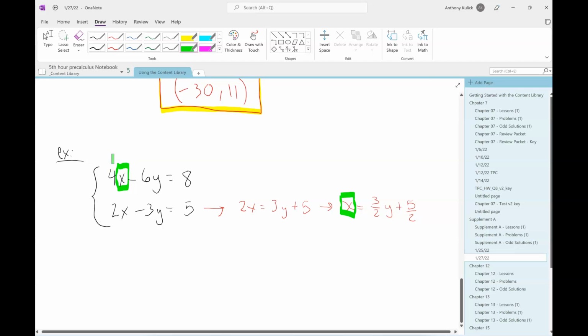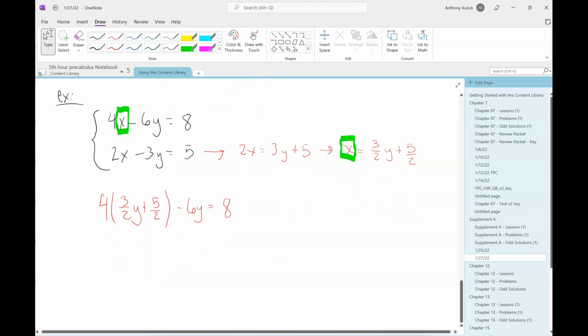So now I'm going to substitute the x into that first equation. I distribute the 4 through.